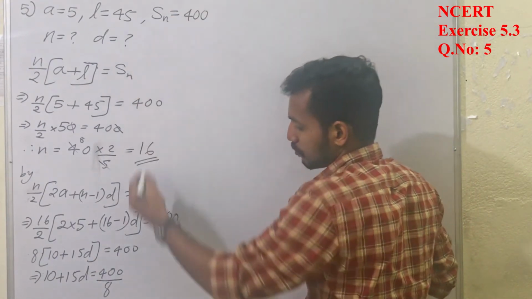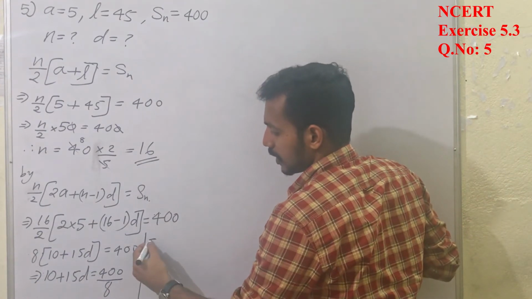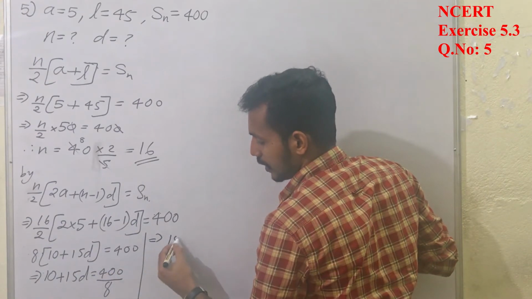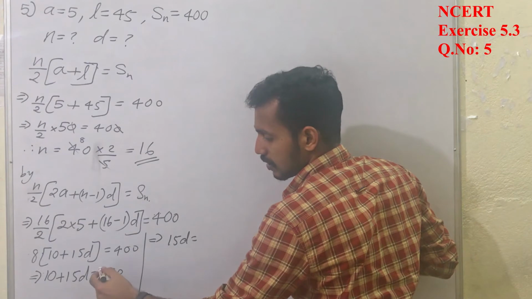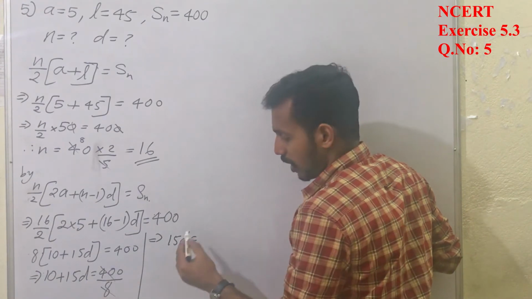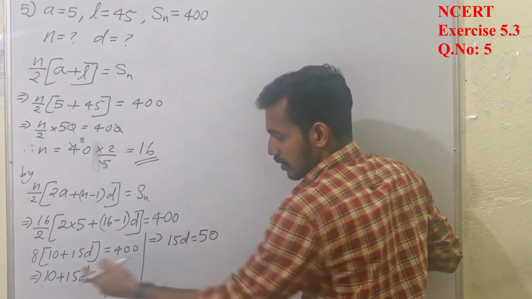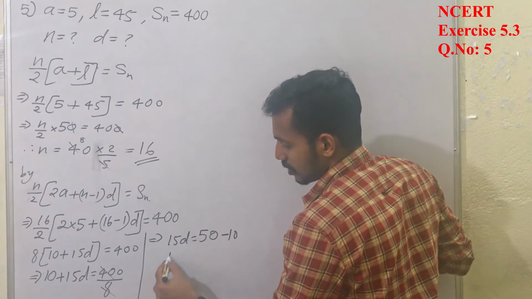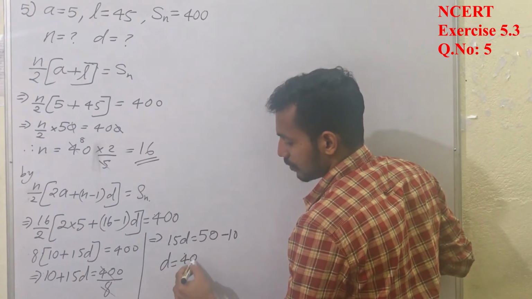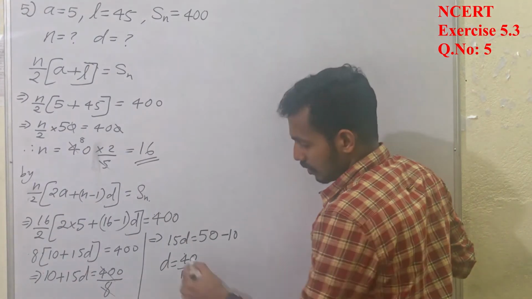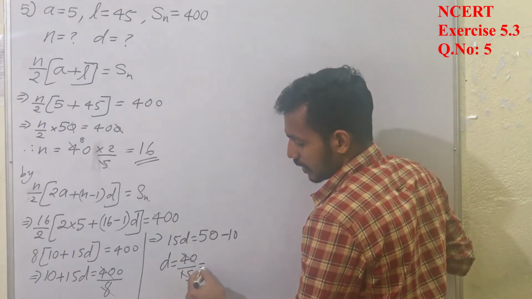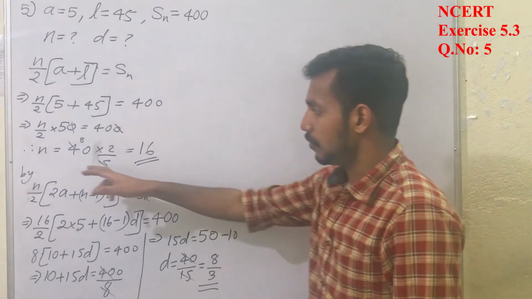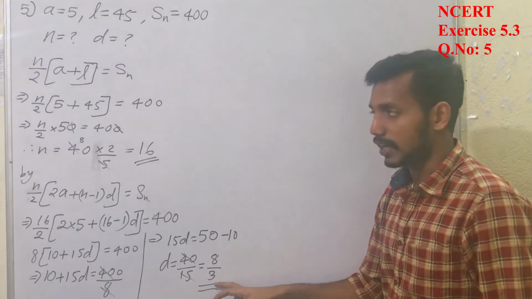Then that implies 400 by 8, first divide this, 40 by 8 is equal to 5, and one more 0 is 50. Then this 10 taken to right side will be minus 10. Then 15d is equal to 50 minus 10 is equal to 40, d is 40 divided by 15. 5 is common, divide it, we will get 8, and here it will be 3. So here the value of n is 16 and the common difference is 8 by 3.